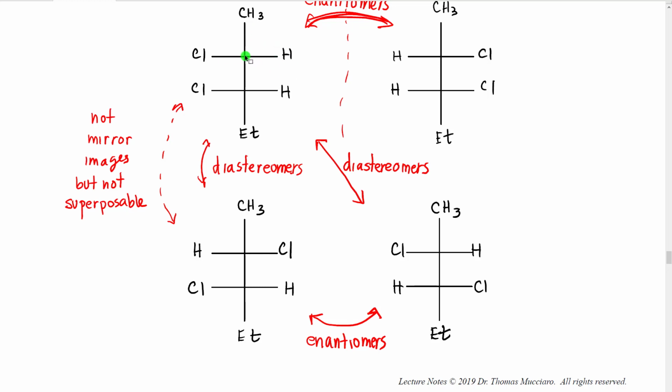However, once again, if we try to superpose these by sliding them on top of each other, we see that they don't perfectly superpose. The groups on this upper stereocenter would not superpose upon each other. So what we have here is a pair of molecules that are not mirror images, but they're also not superposable. So we would call these two diastereomers.